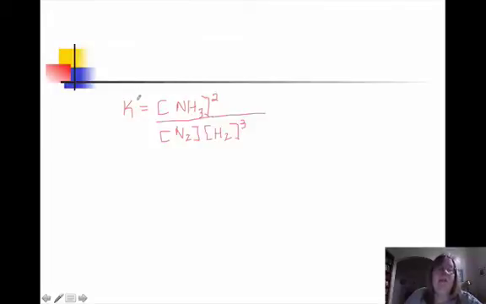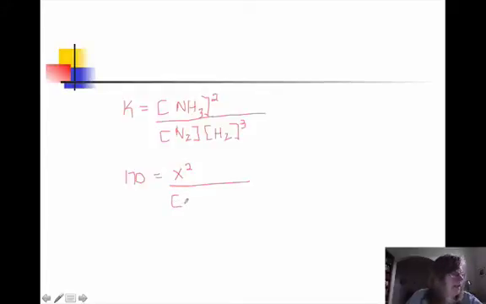So in a K expression, all these concentrations have to be equilibrium concentrations. Well, our value of K was 170, and then that's equal to, well, we don't know what ammonia's concentration is, so that is X, and it has to be squared.